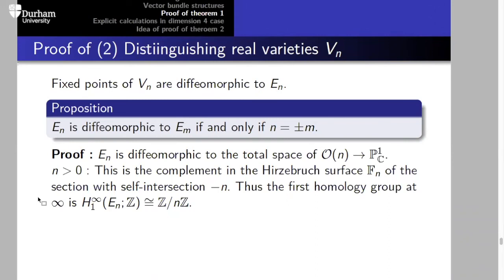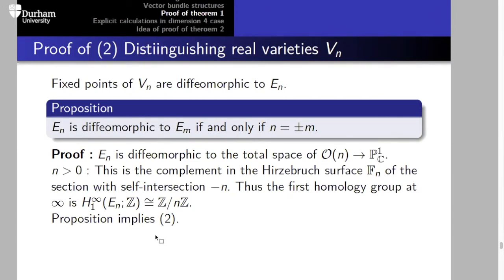Using this, I can calculate the first homology group at infinity of En, and I find it has to do with the self-intersection, and it is isomorphic to Z over nZ. This means that En cannot be homeomorphic to Em if n is not equal to m, and they're both positive.